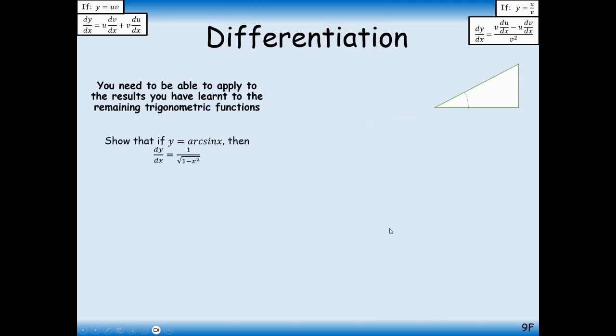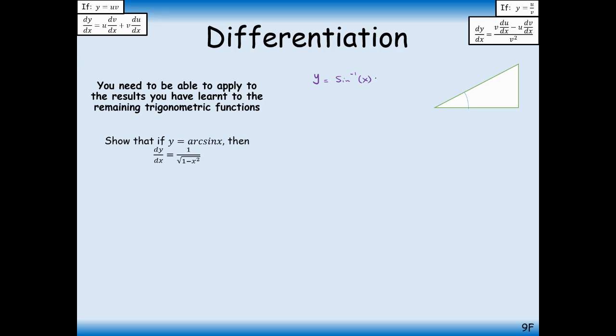Now, the next example is arc sine of x. They have told us what the answer is, but we still need to prove that what they've given to us is true. So we can start by writing y is inverse sine of x. That's what that expression means.